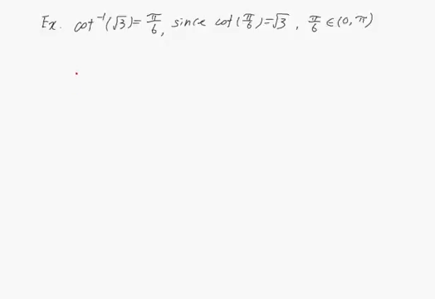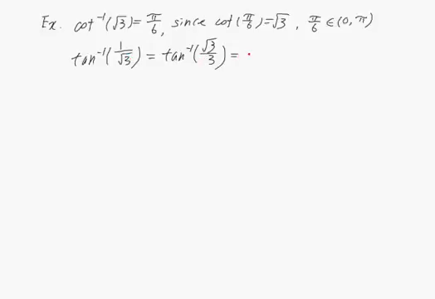And let's look at the inverse tangent of 1 over root of 3. This is the same as the inverse tangent of root of 3 over 3, right? You just rationalize this fraction, then you get root of 3 over 3.